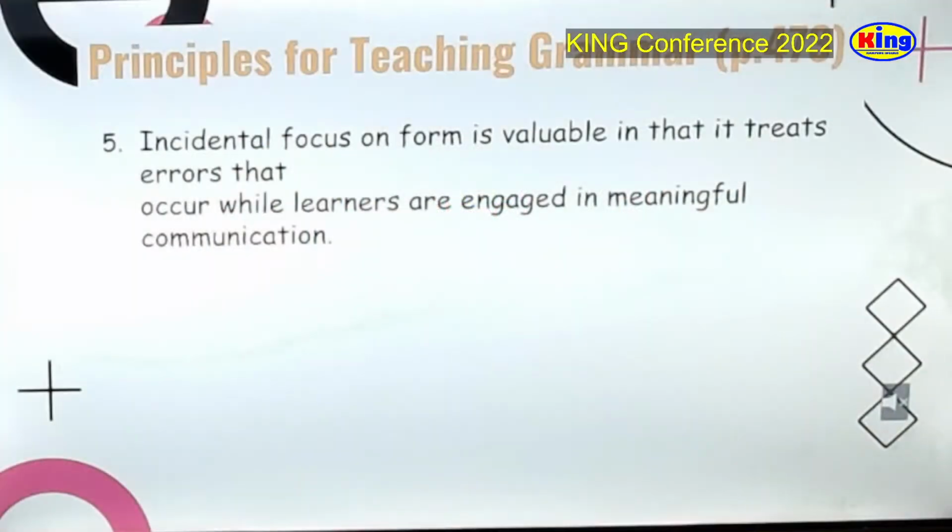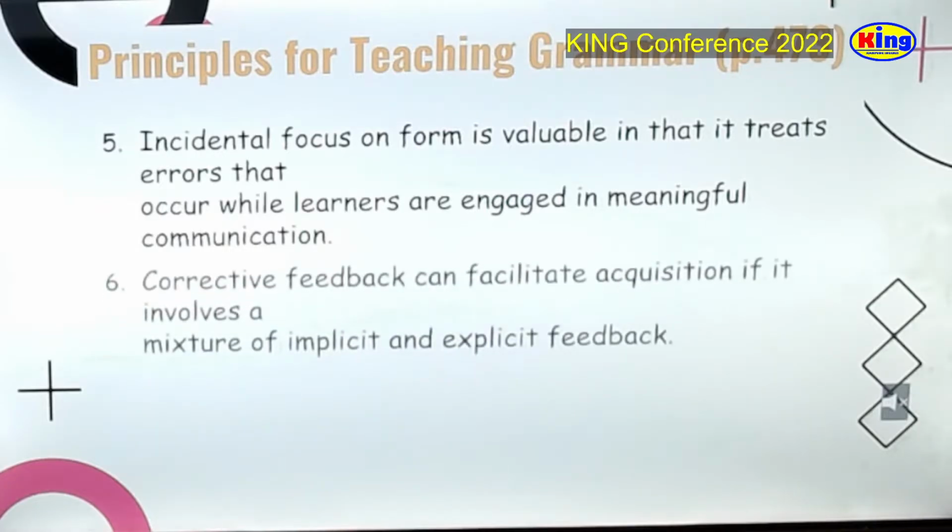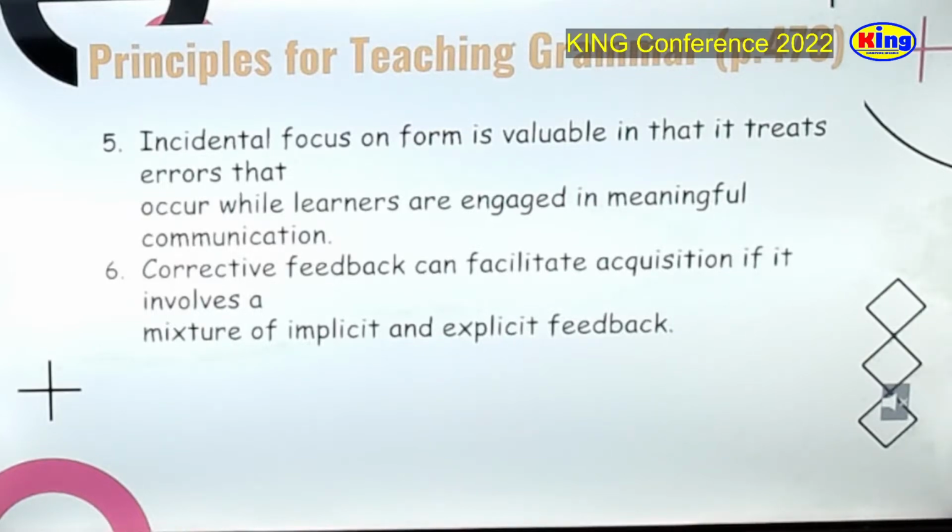The next one is incidental focus on form, which is valuable in that it treats errors that occur while learners are engaged in meaningful communication. The sixth one is that corrective feedback can facilitate acquisition if it involves a mixture of implicit and explicit feedback.